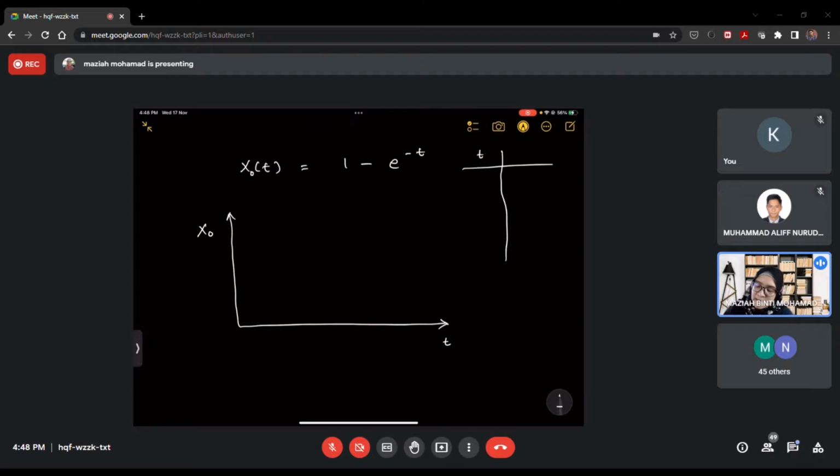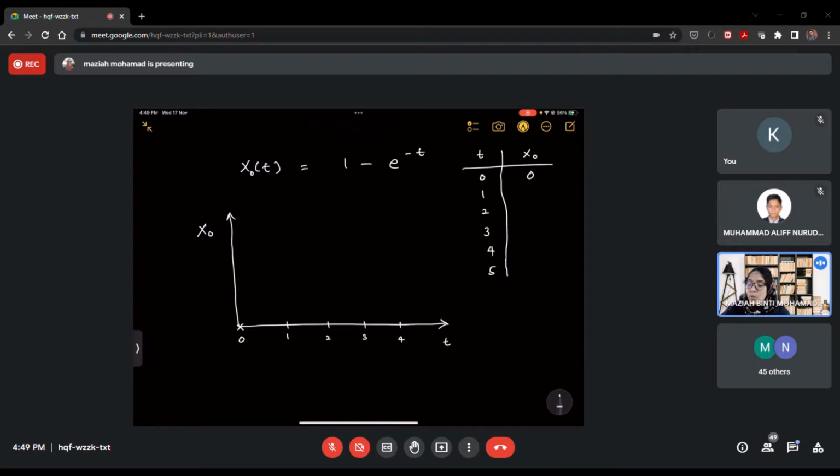If t equal to 0, if you put into the equation, you will get 0, so we start with 0. Let's calculate for t equal to 1, 2, 3, 4, and 5.